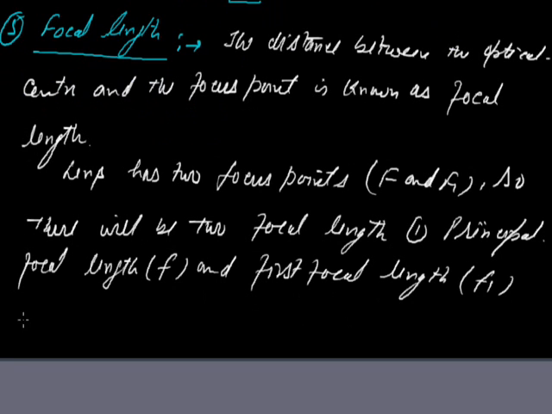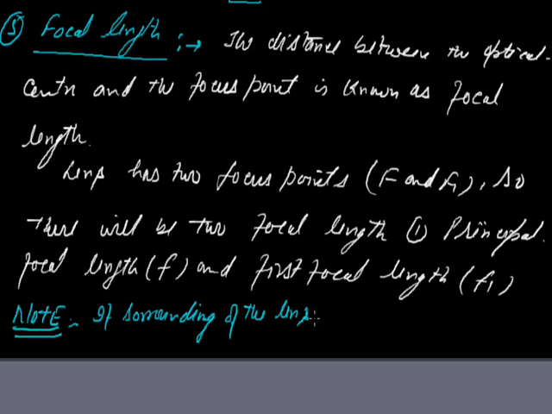If the surrounding is the same, then the focal lengths of the lens will be the same. Surrounding means the medium on both sides of the lens. If the surrounding of the lens is the same, f1 and f will be the same.